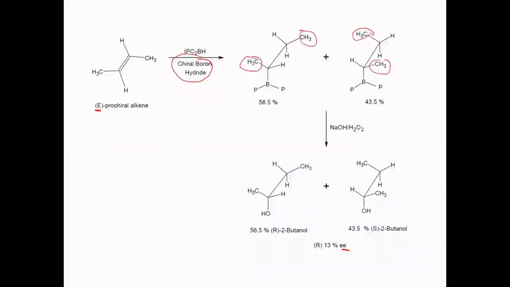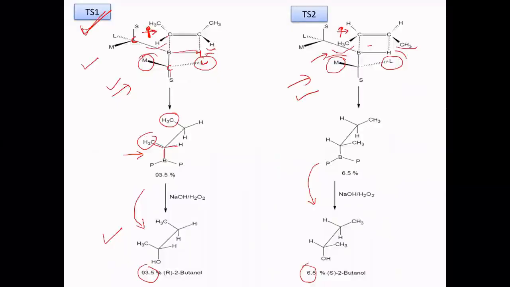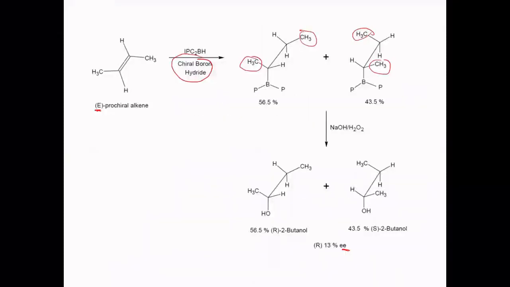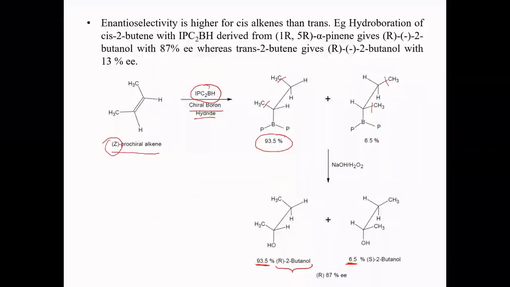Now my question is, suppose ये जो reaction है, this let's say Z isomer, यहाँ पे मुझे क्या मिला? R isomer as a major product, right? If I want S isomer as a major product, what changes you will do in this reaction to get the opposite isomer as a major product? Reagent is chiral.